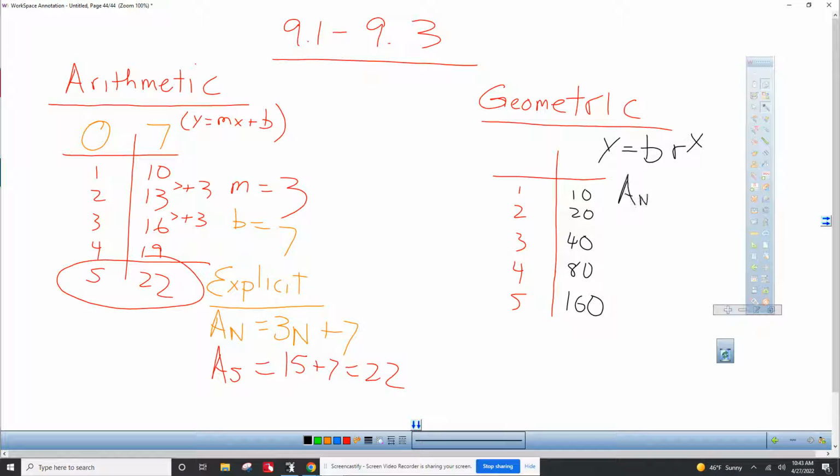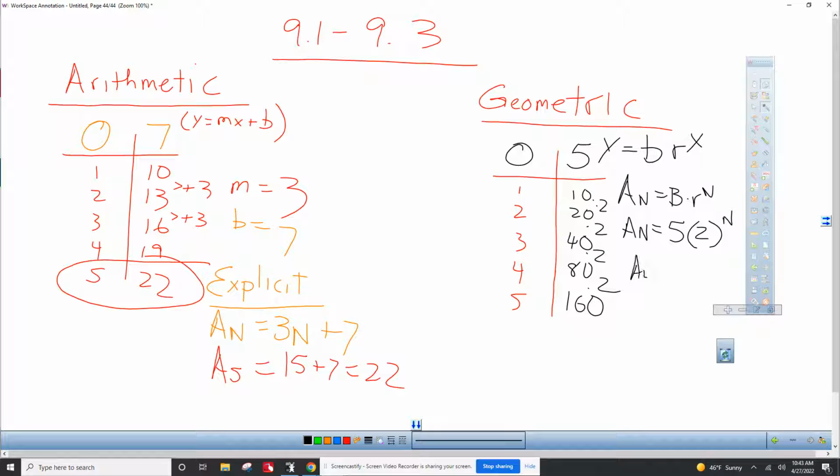Now we'll say a sub n is b times r to the n. What's our b? I got to put in a 0 to find my y-intercept. I work backwards and I get a 5 there. So here a sub n is 5 times, well, what's our r? We're multiplying by 2, multiplying by 2, multiplying by 2. 5 times 2 to the n.